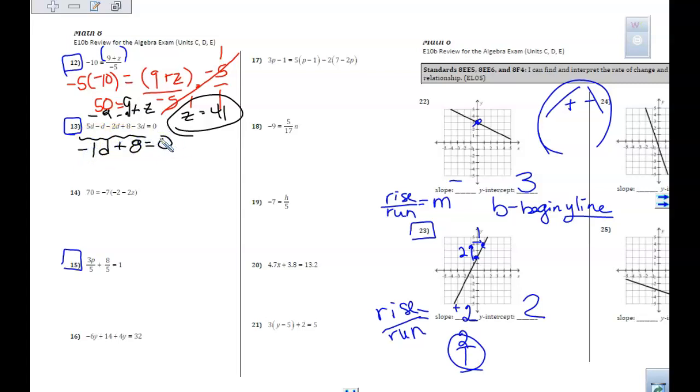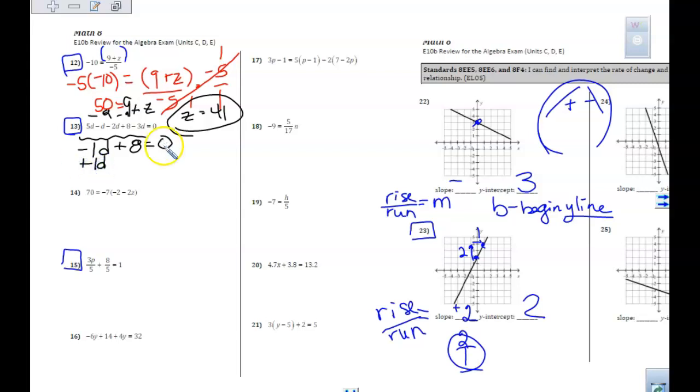Now, there is a short way of solving this, and there's a longer way. The short way is we're trying to find what 1D is, not negative 1D. So instead of subtracting 8, I could do what with this negative 1D? No, I can't add 8, but I could add 1D.